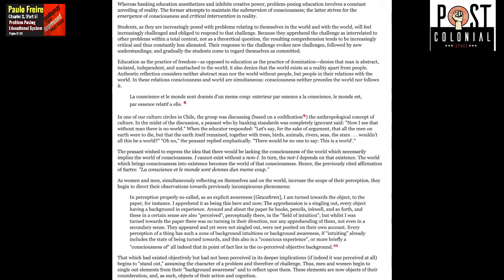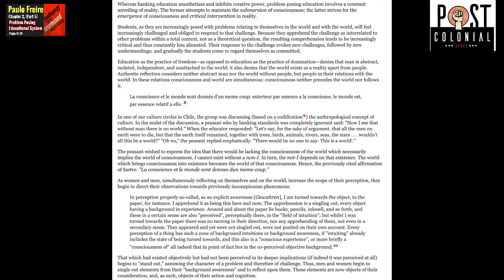Anesthetizes and inhibits creative power. Problem-posing education involves a constant unveiling of reality. The former attempts to maintain the submersion of consciousness. The latter strives for the emergence of consciousness and critical intervention in reality. Students, as they are increasingly posed with problems relating to themselves in the world and with the world, will feel increasingly challenged and obliged to respond to that challenge, because they apprehend the challenge as interrelated to other problems within a total context, not as a theoretical question.